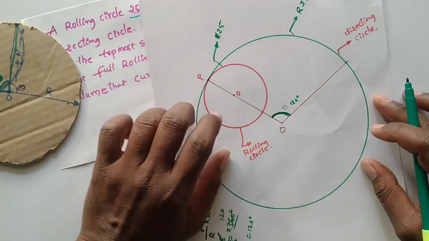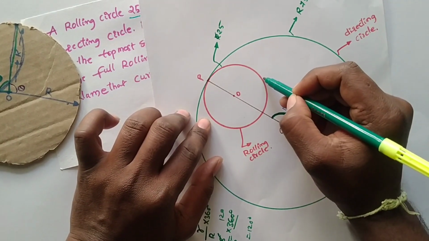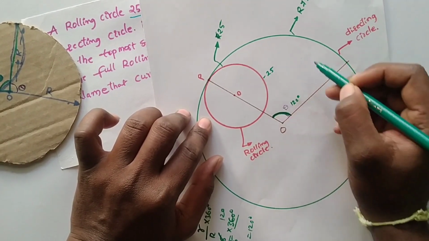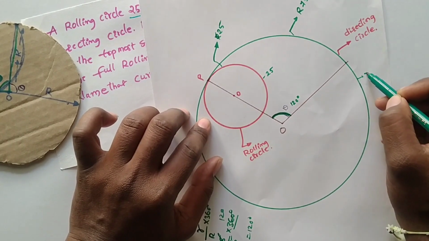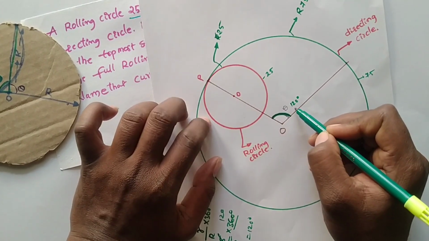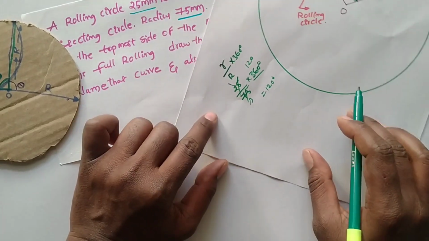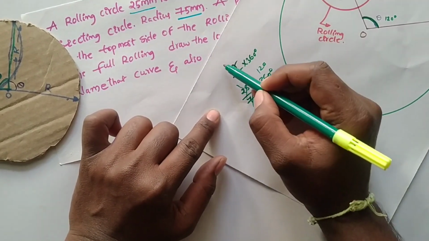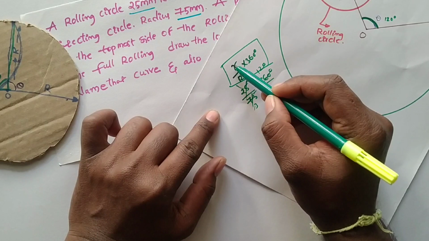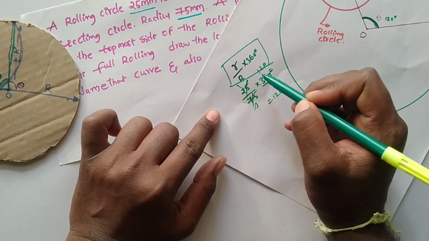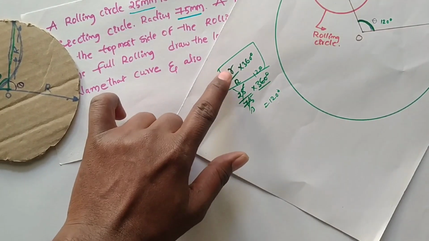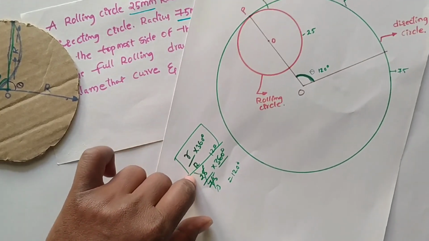The formula to find the angle after full rolling is small r by capital R into 360, where small r is the radius of the rolling circle and capital R is the radius of the directing circle.